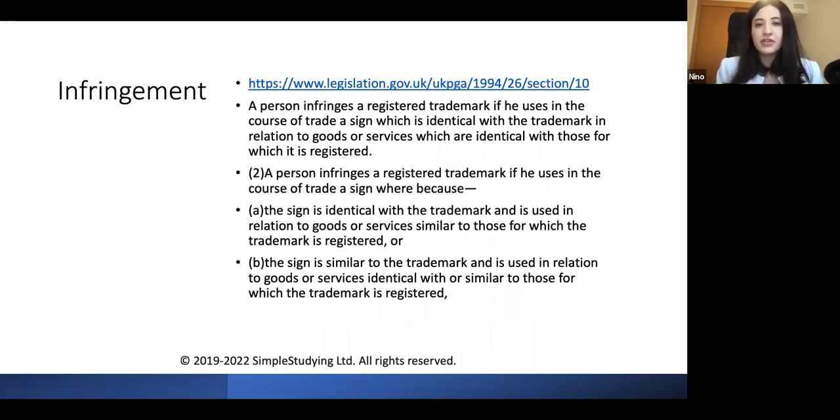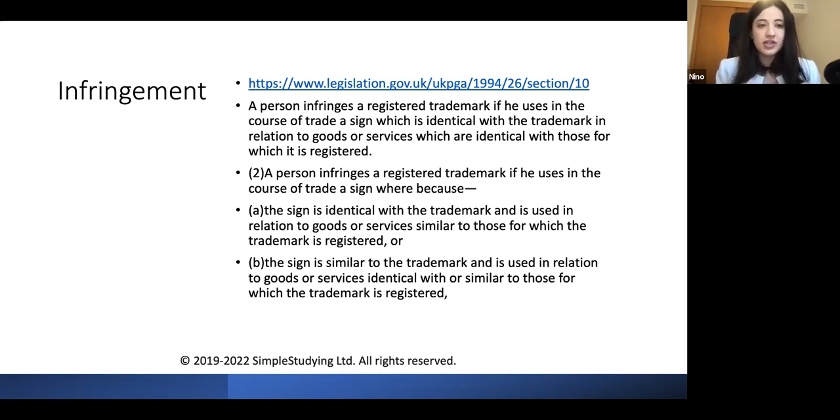A person infringes a registered trademark if he uses in the course of trade a sign which is identical with the trademark in relation to goods or services which are identical with those for which it is registered. So the key words that you need to discuss in a problem question are use of a registered trademark in the course of trade.